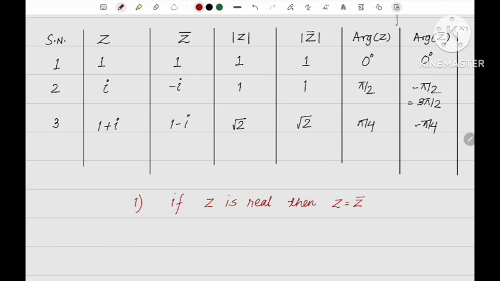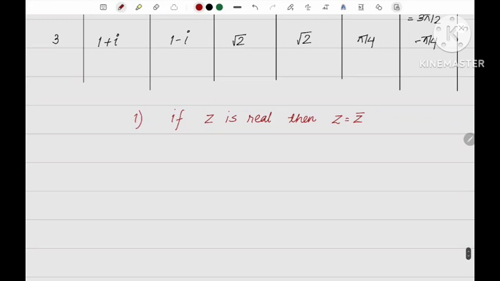So in some questions, if you want to prove that a complex number is real, you can prove that the complex number is the same as its conjugate, and if that is true, then that complex number is real. We will see how to do this once we talk about algebraic operations of complex numbers, how to add and subtract. But for the time being, just see that if z is real, then z is equal to z bar.